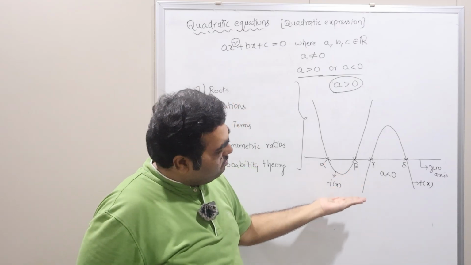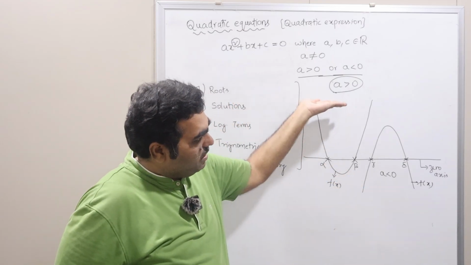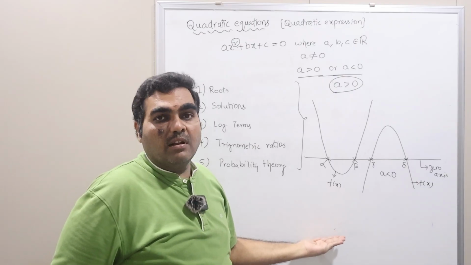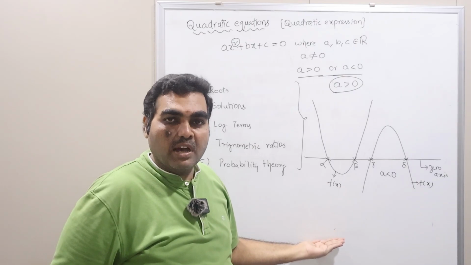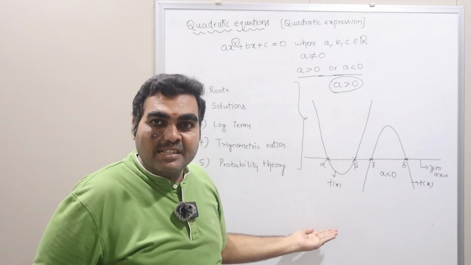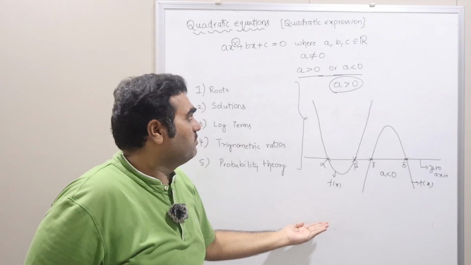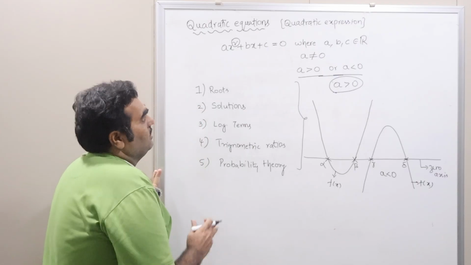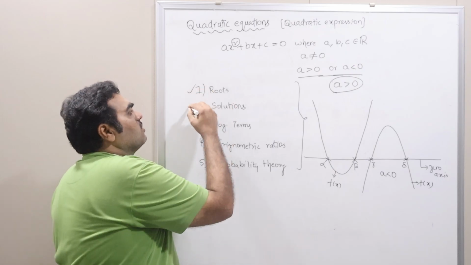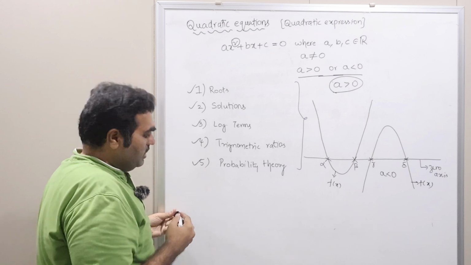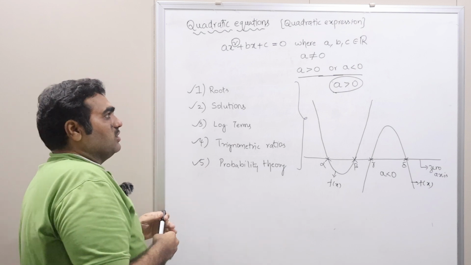Whether this position moves towards the upper side or the downward side depends on another parameter which I am going to discuss very shortly, called the discriminant. Once again, the questions may be on all these topics. We are going to see all these things in this particular lecture.